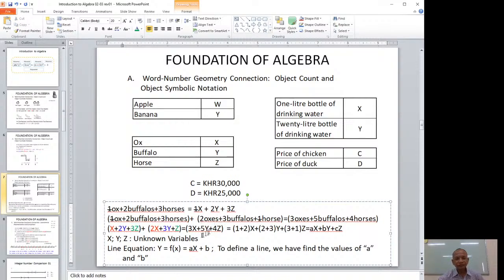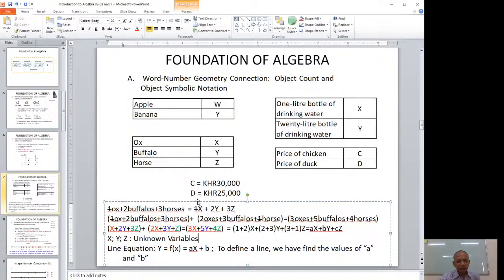So we get total 3 oxen, blue, green, red here, ox red. Okay, this is the way we do the operation. We manipulate the numbers. We handle the problem.